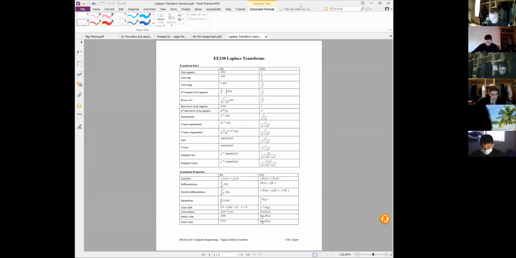And what Ben is saying is, when you take this differentiation here, not only is a single derivative multiplying by s, but you also get this extra constant term out there, which is what your function is doing at time equals 0 minus. And if you're taking a double derivative, yes, there's the s squared, but there's also these extra terms that are related to your initial conditions.